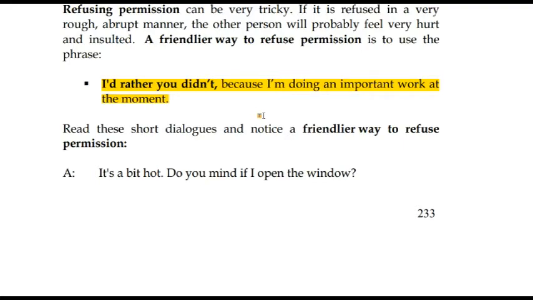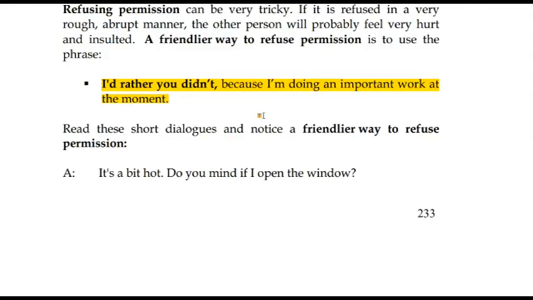Because you have explained why you cannot allow that individual to use your computer or your mobile or whatever equipment he has asked you to use. Because you have given him the reason because of which you will not allow him to use your computer, the other person is supposed to understand it and he's not going to mind it.